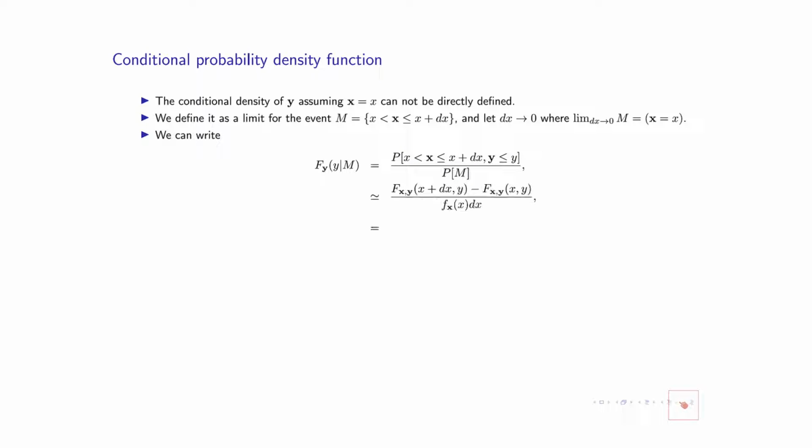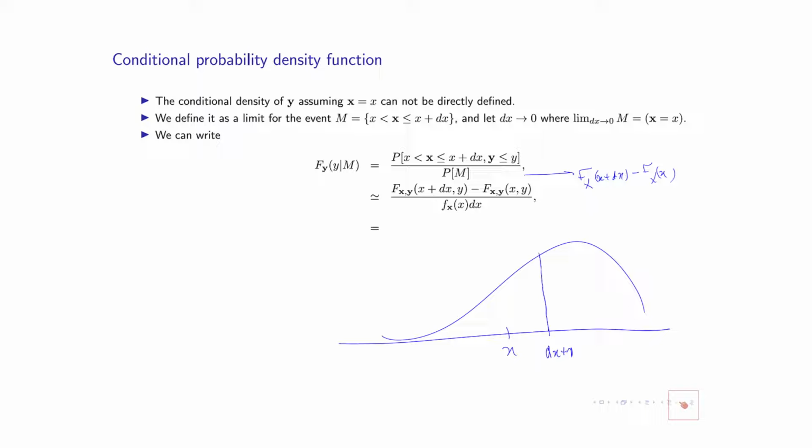So what we get is that the denominator is equal to F_X of x plus dx minus F_X of x. Basically, if you have your PDF, and here is x, and here is x plus dx, this area is your probability. I'm looking for this area.